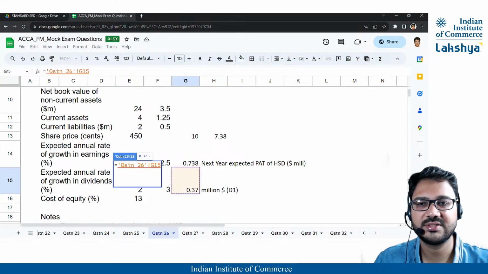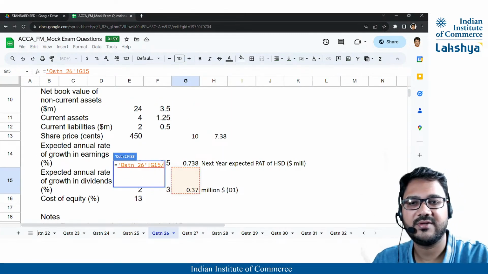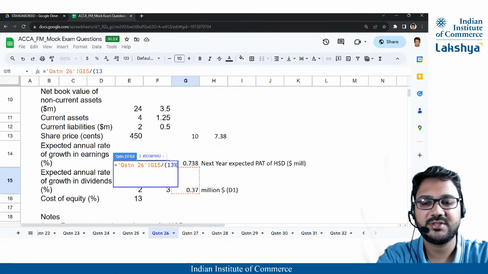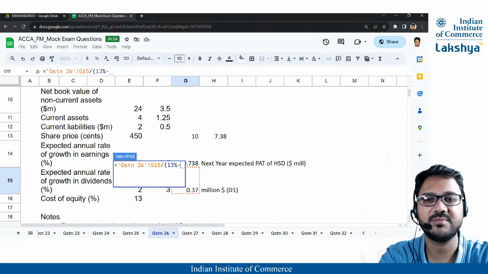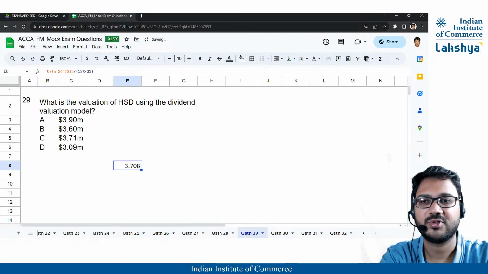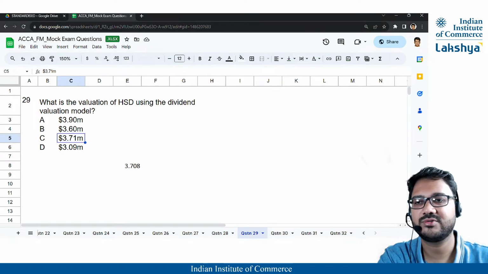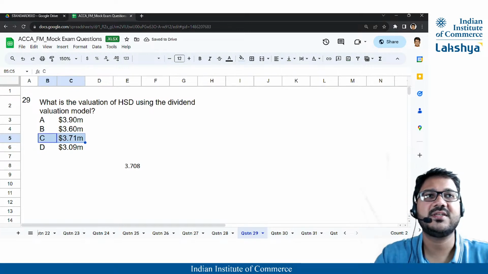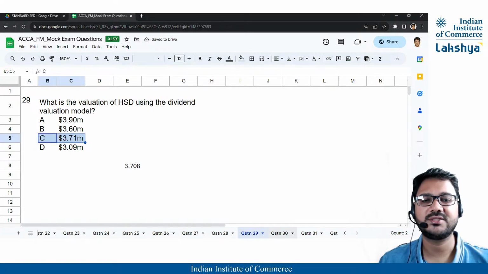So it's this divided by 13% minus 3%, KE minus G. Growth rate is 3%. So 3.708, which is close to this 3.71 million. All right, so C is our correct answer.